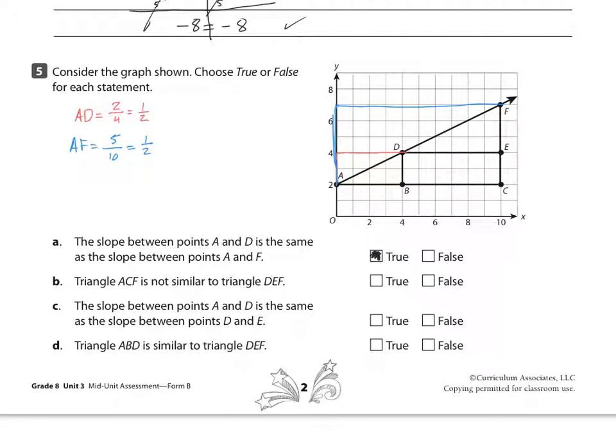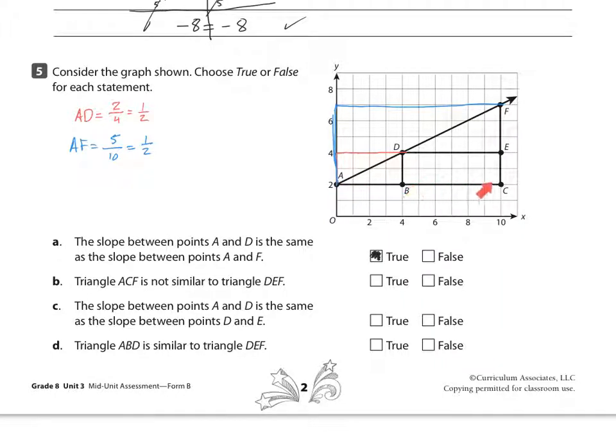Now, we know that the slope of D and F is also going to be 1/2, and the slope of A and F is going to be 1/2. It's a straight line, so it's going to have the same slope. Now, this line, they have it in common, so we know that that's going to be proportional. And this part is also going to be proportional to the bottom part.